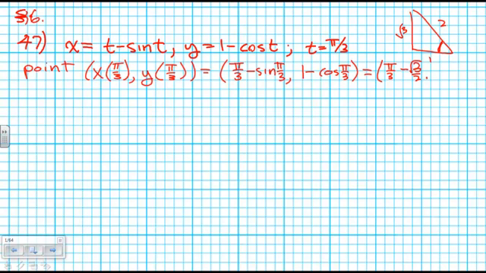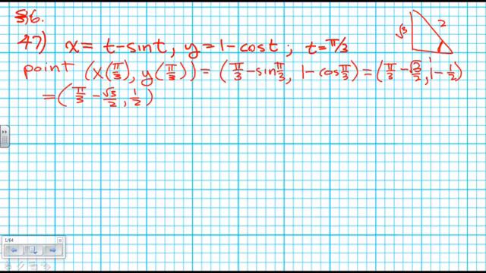Over here, for my y value, I've got 1 minus, and I need the cosine of pi over 3. That's the adjacent over the hypotenuse, and that's 1/2. So, what is my point when everything's said and done? It is pi over 3 minus root 3 over 2, comma, 1/2. So I got the point part of the problem done.